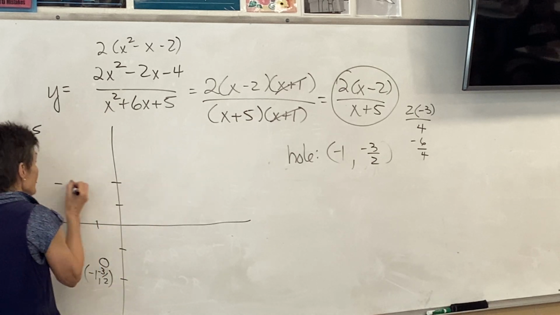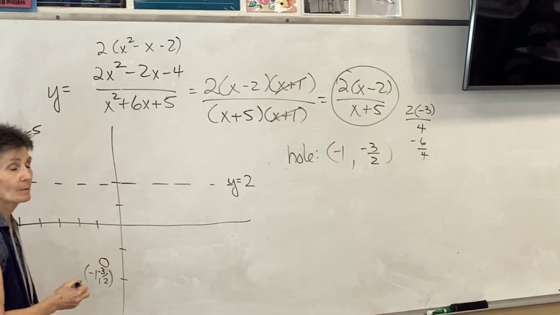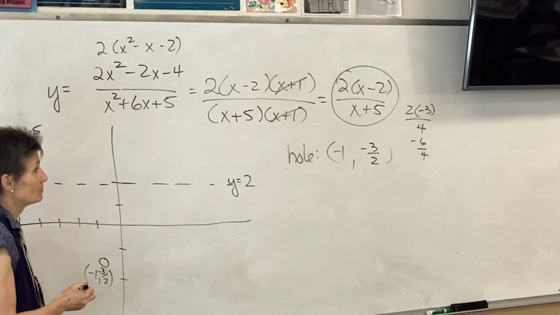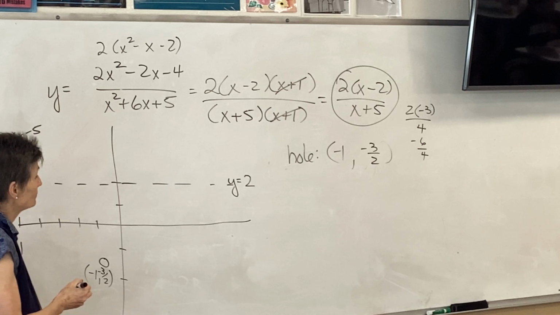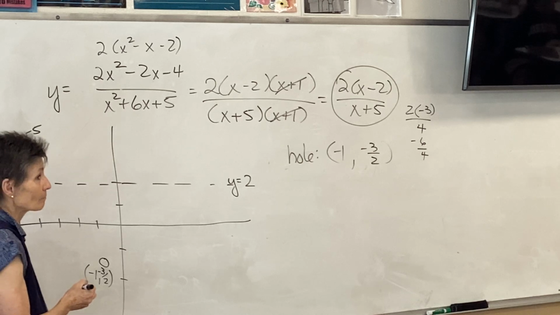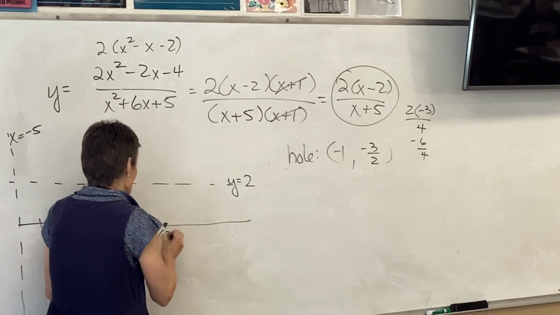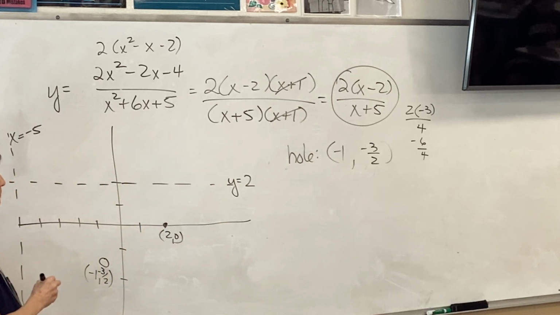Horizontal asymptote at y equals 2. An x-intercept at 2. That comes straight from the numerator of the problem.